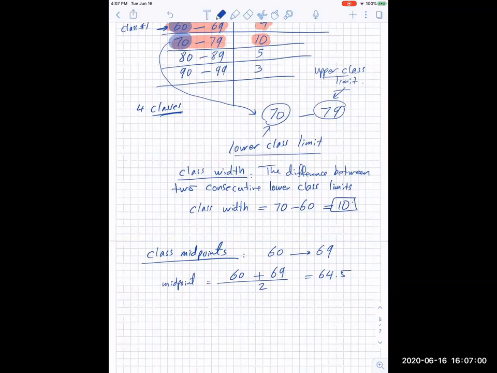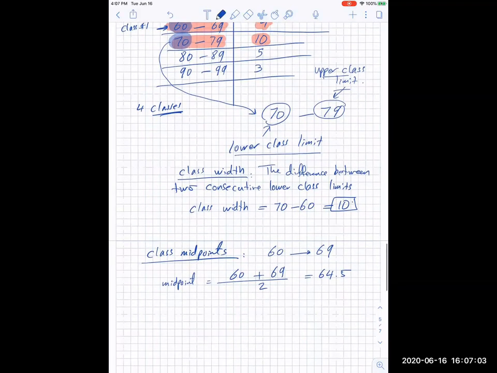Make sense? Lower plus upper divided by 2. I have a question. Yes, go ahead. So for the upper class limit and the lower class limit, is it only pertaining to the 70 through 79, or can the upper class limit be like 89 and then the lower class limit be 80? Yes, each class has its own limits.